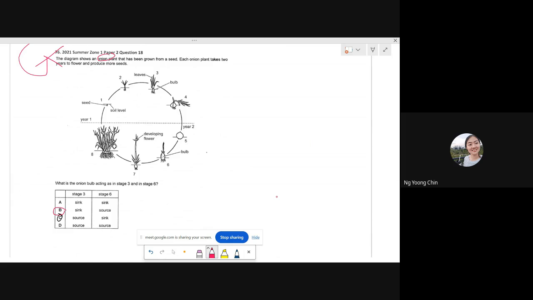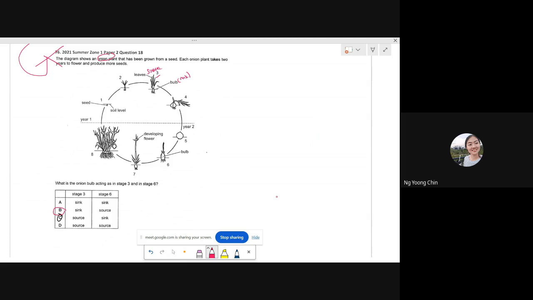The leaf will become the source, because it can do photosynthesis. And the bud is like the nutrient storage site, so the bud will be the sink, until the plant dies.